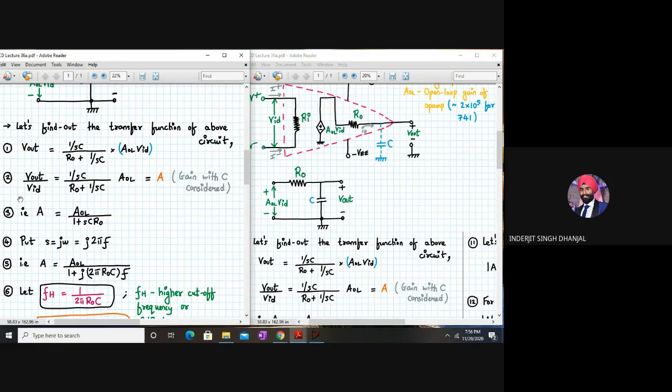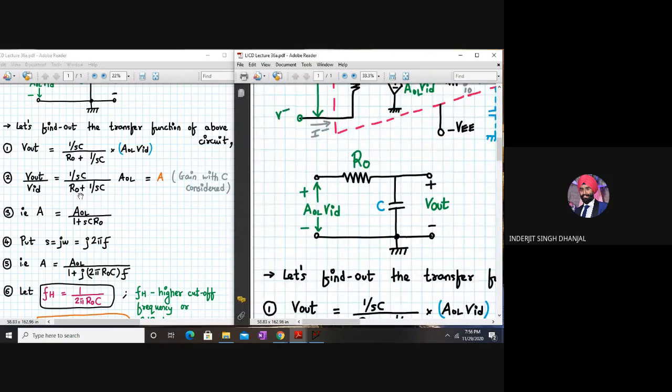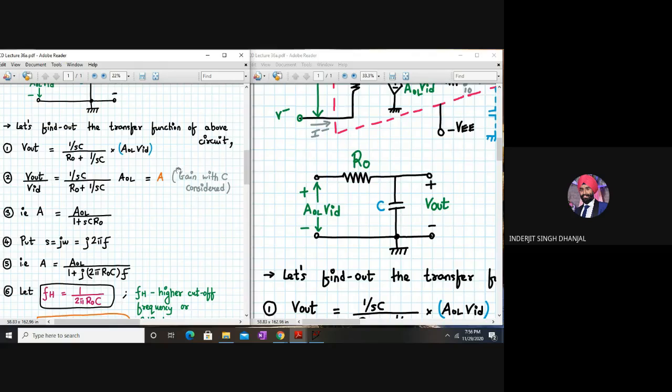So V out upon VID will be given by 1 upon SC upon RO plus 1 upon SC, into AOL. Now we denote this entire expression as a new notation, that is a capital A. Now this is the gain with stray capacitance considered. Okay, so that is the new gain A.